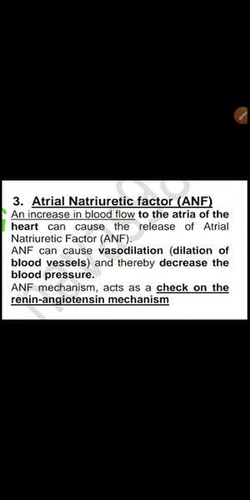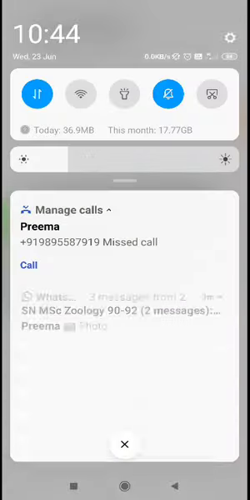We can say that it is antagonistic, that means opposite action, and it acts as a check on the renin-angiotensin mechanism. Clear, I think. So renin is released when there is a decrease in BP, and ANF is released when there is an increase in BP. So these two methods are opposite in nature.